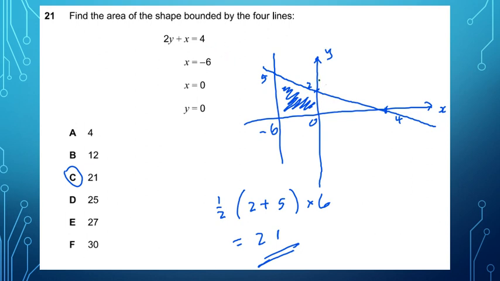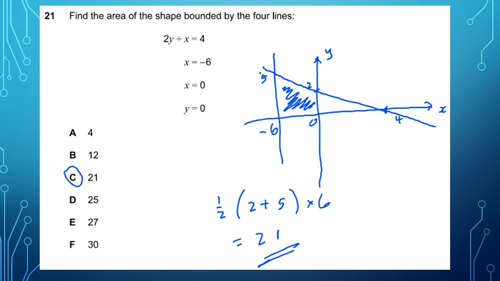Intercept is 2, so the shape we're interested in is bounded by those four lines, so we recognize that as a trapezium. So we've got two parallel sides, length 5 and length 2.